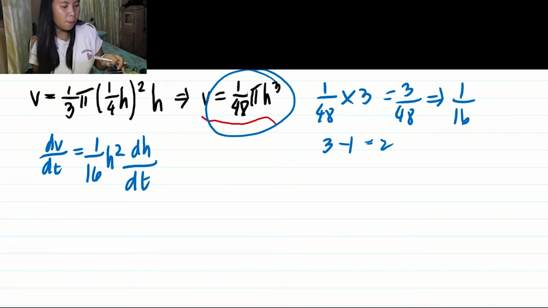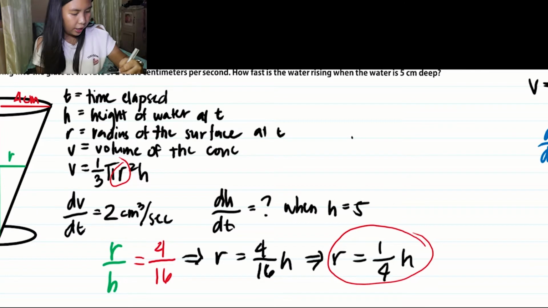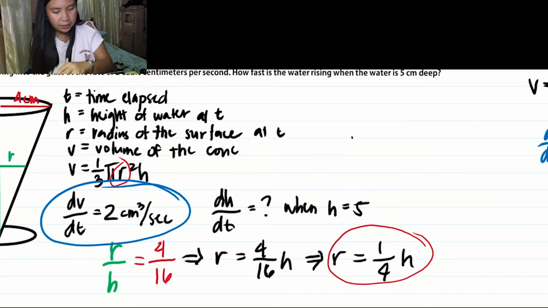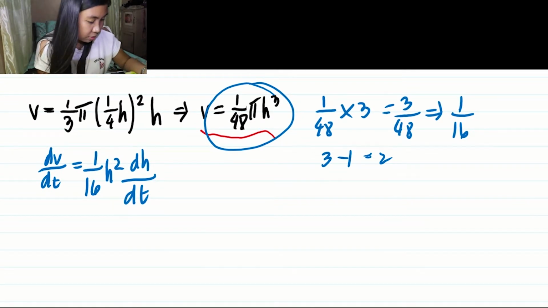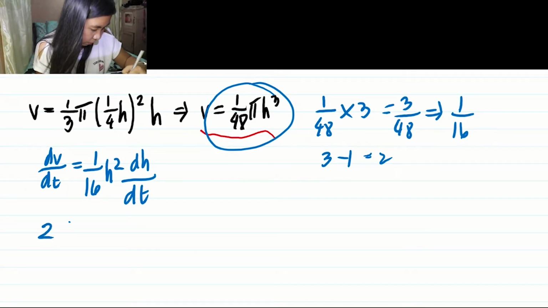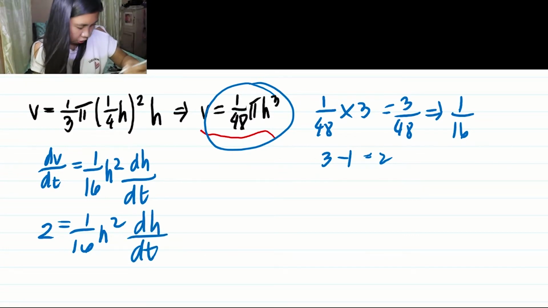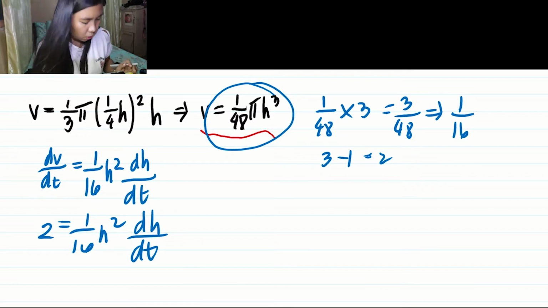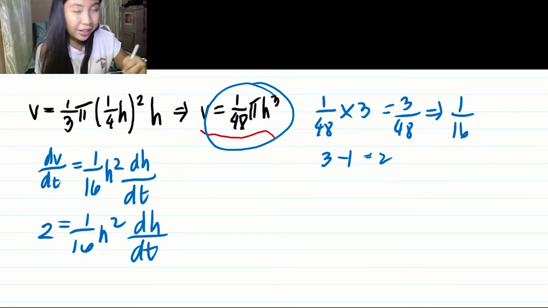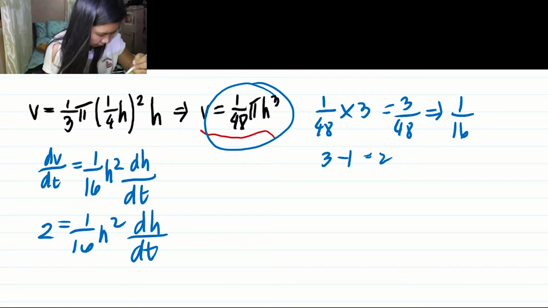If you go back to the given, we see that we have a value for dV over dt, which is 2. So we will substitute that here. If you look closely, we can now solve for dh over dt and hence solve our problem.